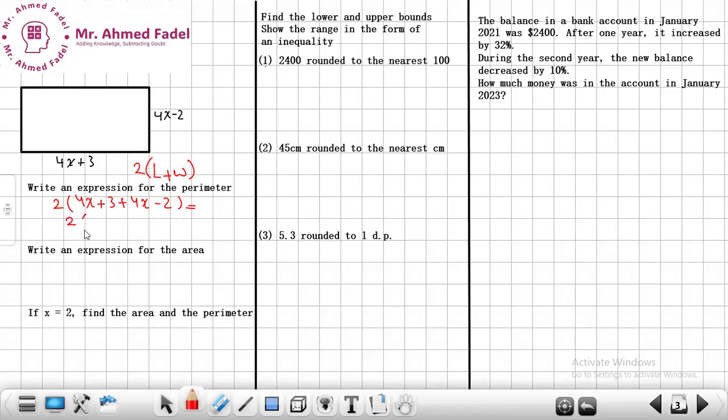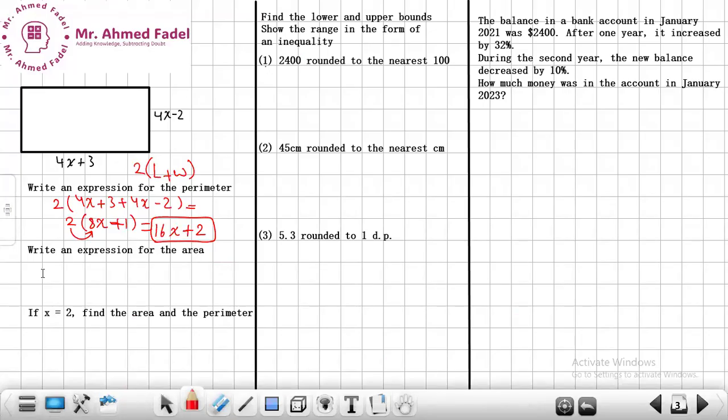You have 2 times 8x plus 1. I collected the like terms. Positive 3 minus 2 is positive 1. Then equals 2 times 8x plus 1, I'm expanding. 2 times 8x is 16x plus 2. Here is the expression for the perimeter.